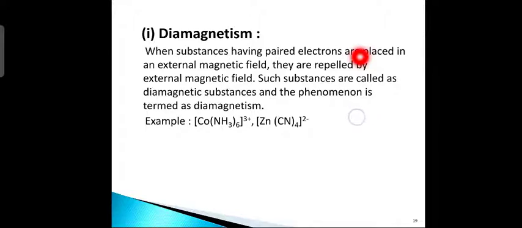When substances having paired electrons are placed in an external magnetic field, they are repelled by the external magnetic field. Such substances are called diamagnetic substances and the phenomenon is called diamagnetism. Examples are Co(NH3)6 3 plus and Zn(CN)4 2 minus.